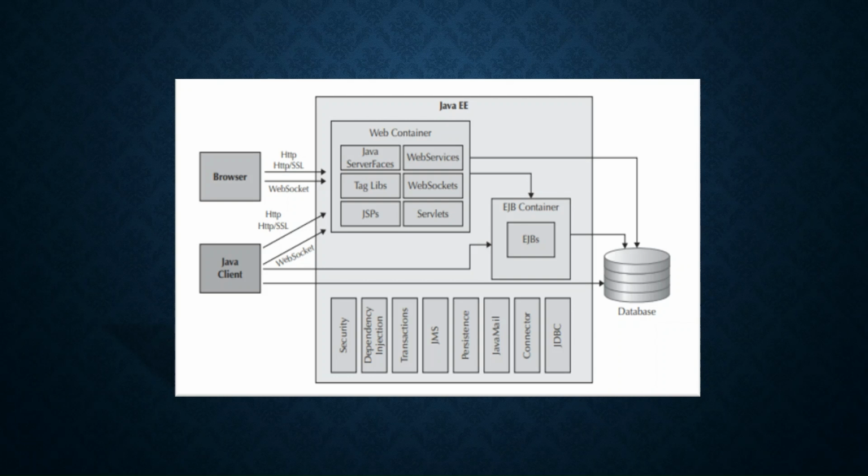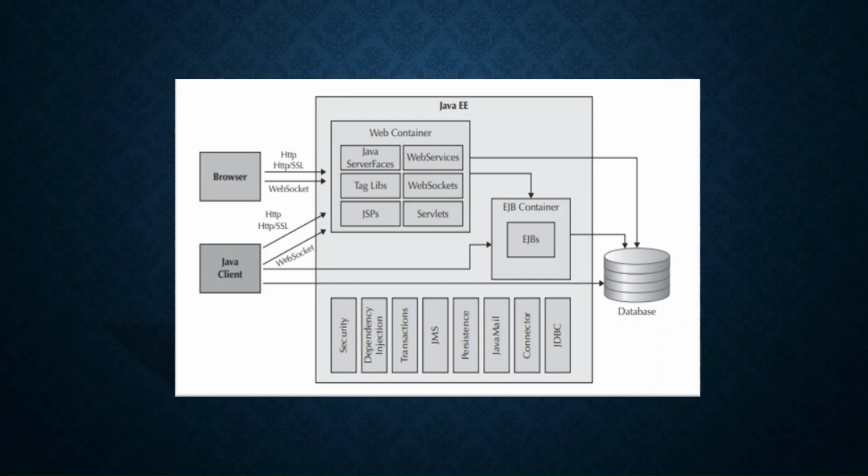Different web components can interact with the clients with standard web protocols, whereas EJB container is used to run the application logic part of a Java EE application. EJBs are Java classes that contain and manipulate the core data structures of a Java EE application.